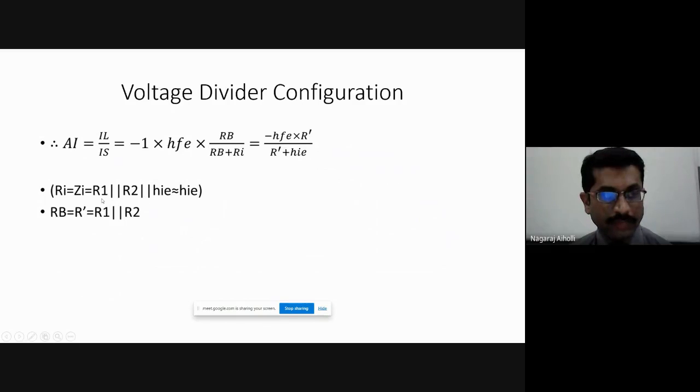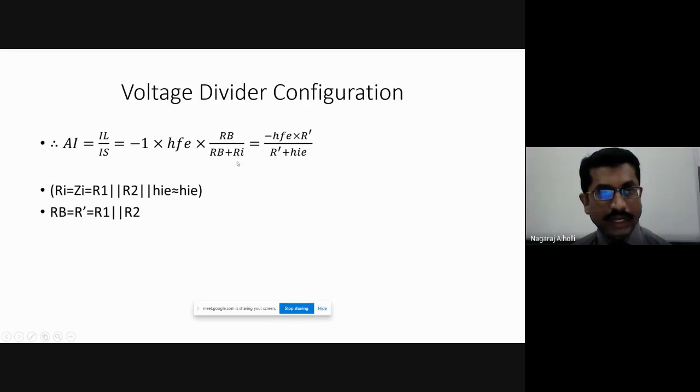Therefore, the parallel combination of R1 parallel R2 with HIE will be simply equal to HIE, because when we take a parallel combination of a very large resistance with a very small resistance, the equivalent resistance will be equal to the smaller value, that is HIE here.